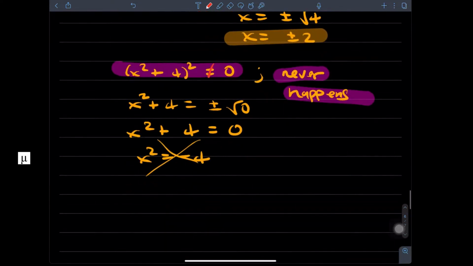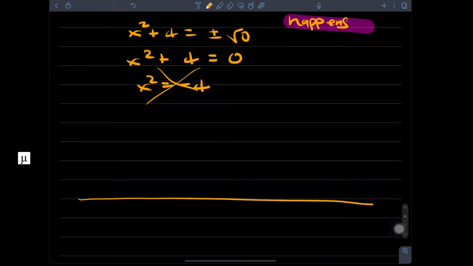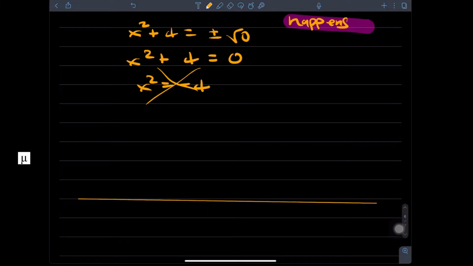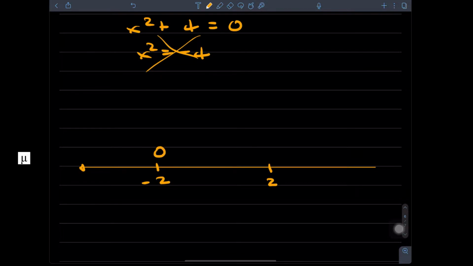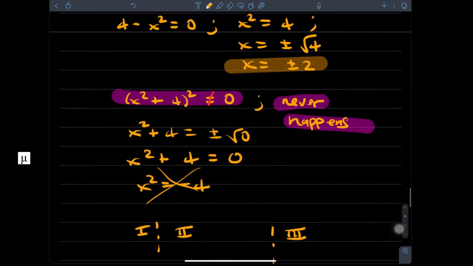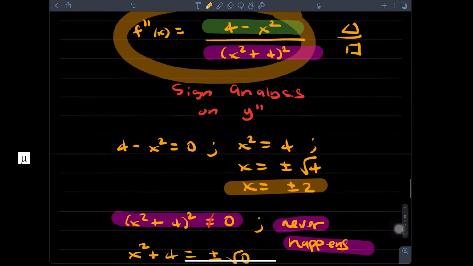So you say, okay, what does that mean? Well, negative 2 and positive 2. So when we do our sign analysis, I'm looking for that second derivative.